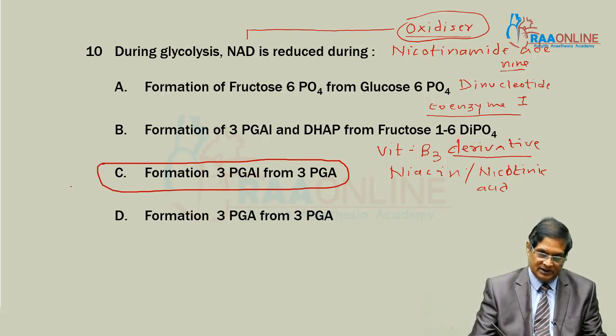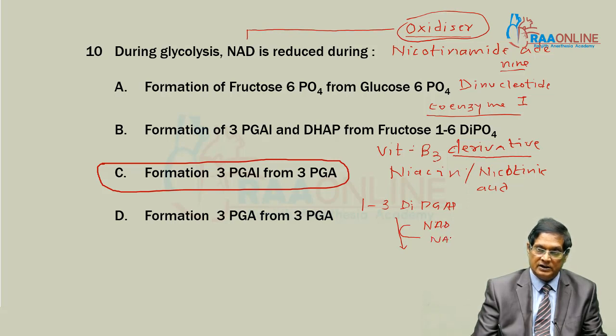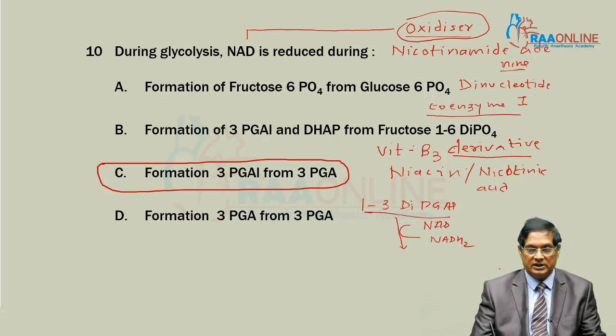The actual step starts with 1,3-diphosphoglyceraldehyde. They use NAD as the oxidizer, which is converted into NADH2, that is hydrogen ions are removed. That's why the step is called oxidation.